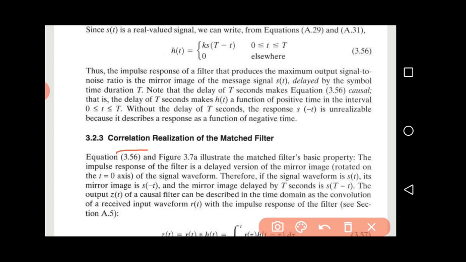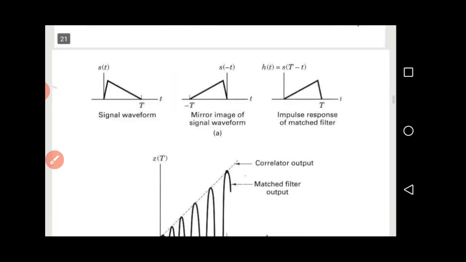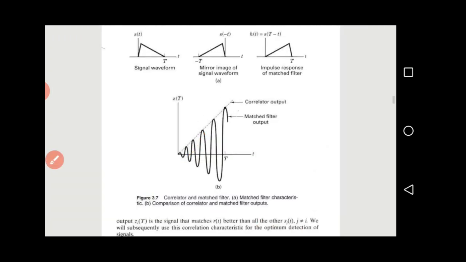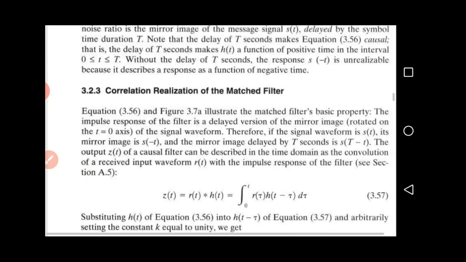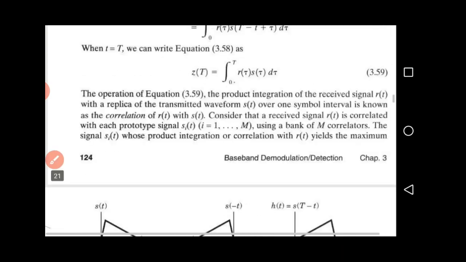Now come to the correlation realization of the matched filter. The above equation and figure, I am talking about this figure, illustrates the matched filter's basic property that we will see shortly. The impulse response of the filter is a delayed version of the mirror image rotated on the t equals 0 axis of the signal waveform.